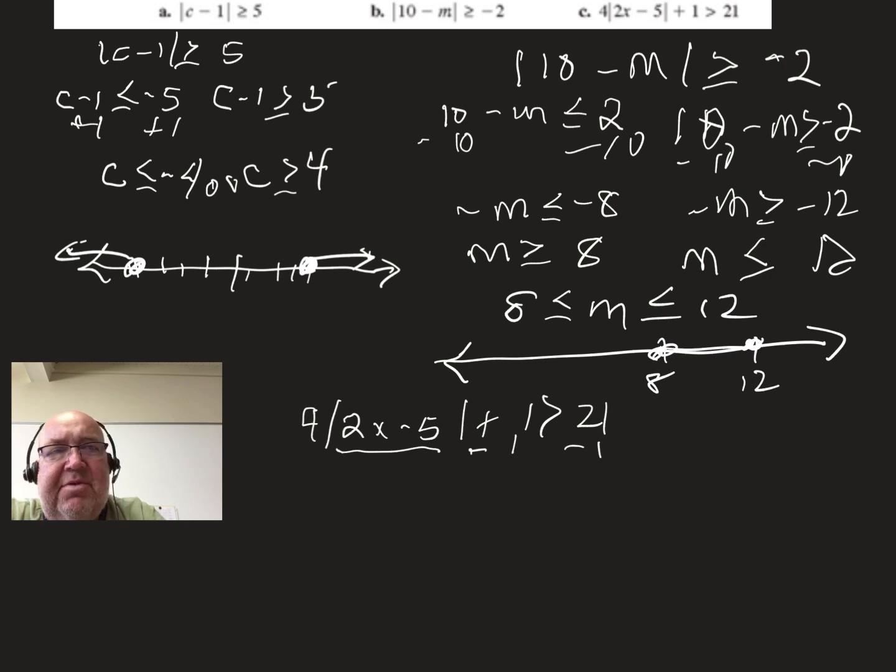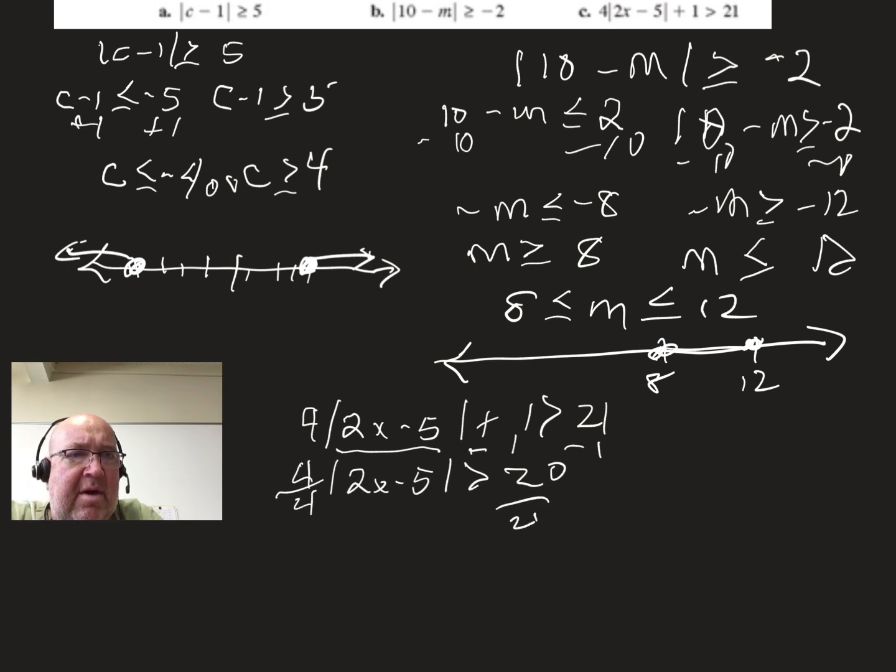We're not going to distribute this. We're going to go 4 times 2x minus 5 is greater than 20. We're going to divide by 4. We're going to get 2x minus 5 is greater than 5. We're going to add 5 to both sides.